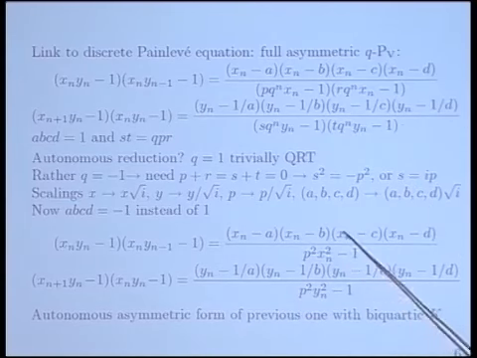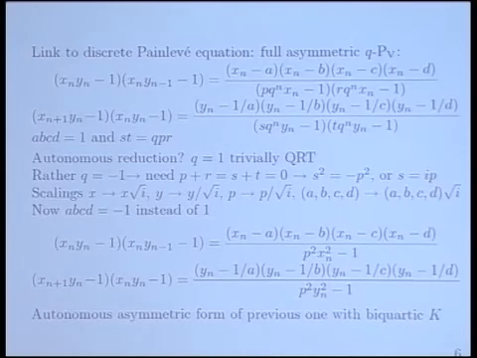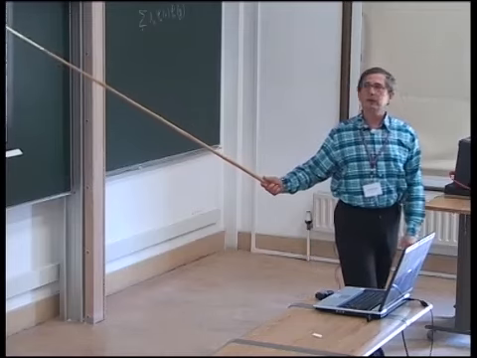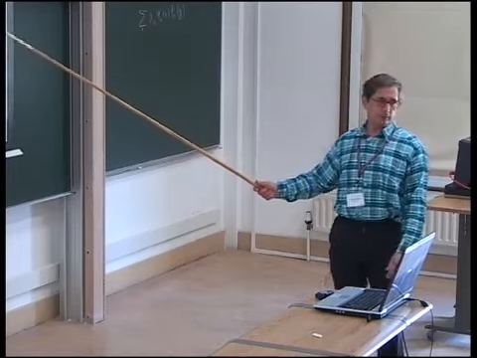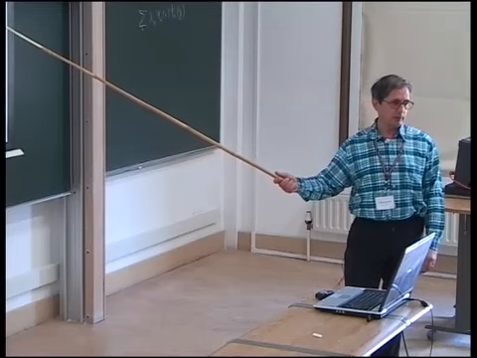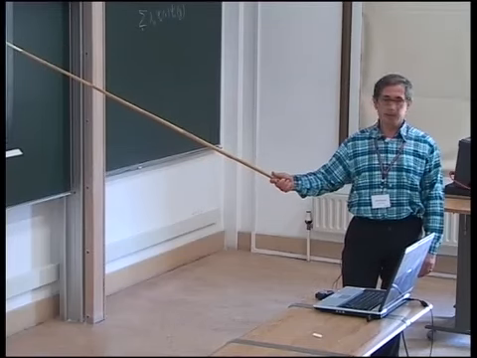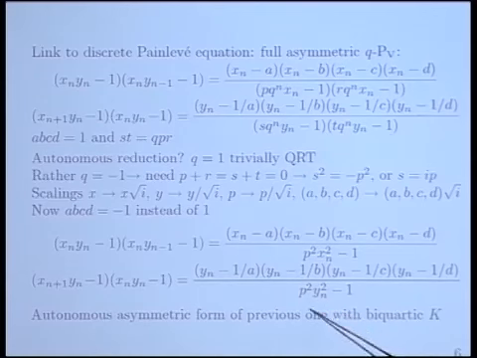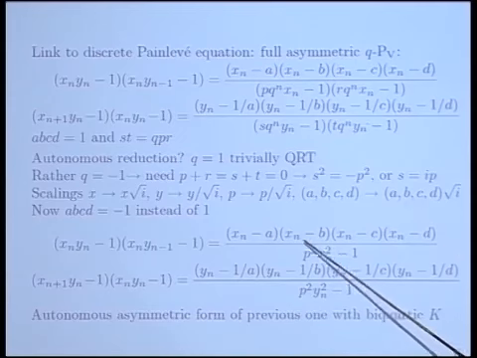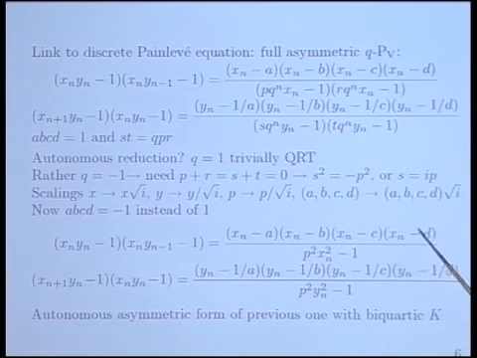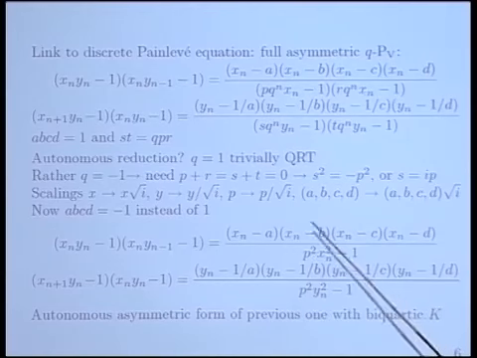So this equation is not the same as this one with q is 1. This is a different equation, and it is exactly, by the change x is 1 over x, the original equation written by Hirota, Kimura, and Yahagi. With the product here being -1, when in the QRT case you need the product to be +1. And this has a quartic invariant.